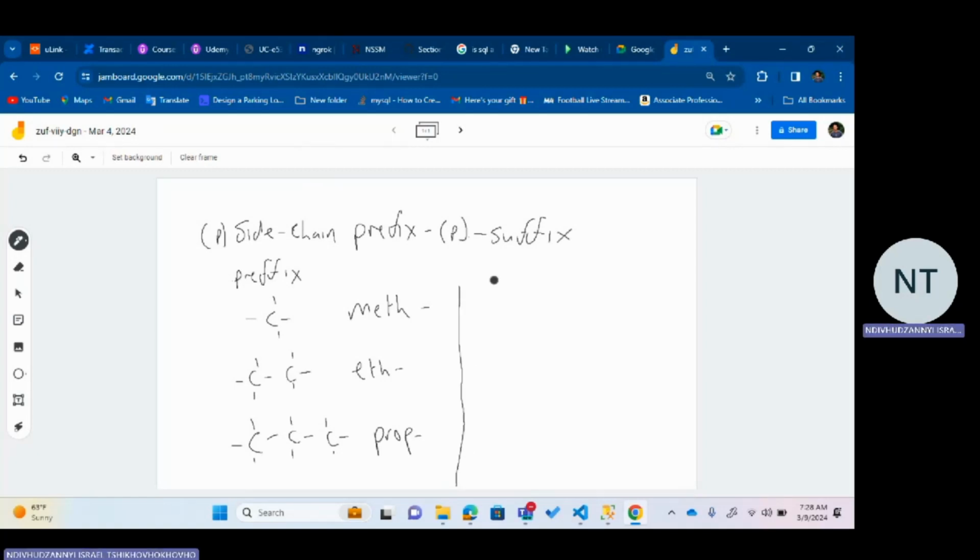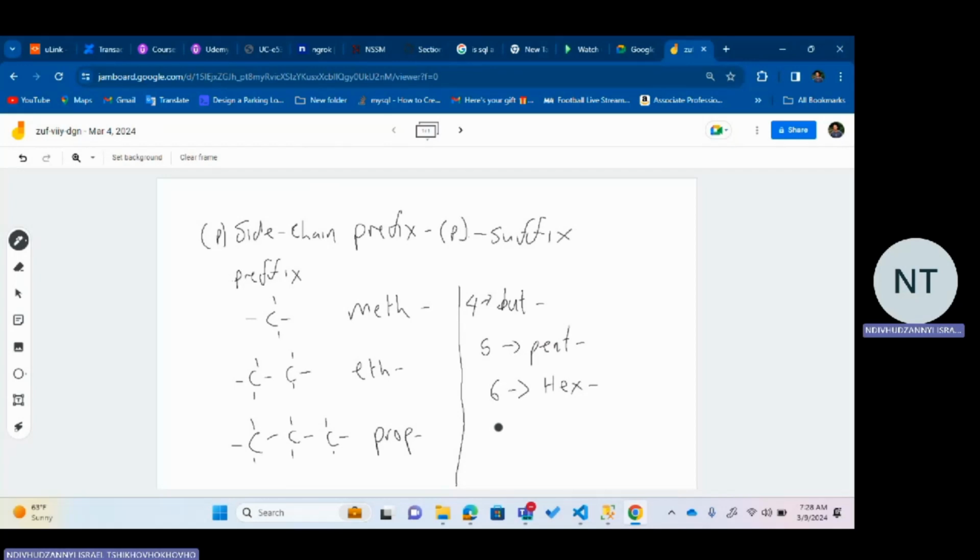We can go on right up until 8 or 9, but you get the pattern, right? So if you have 4 carbons, it's going to be but. If you have 5, it's pent. If we have 6, that's going to be hex.